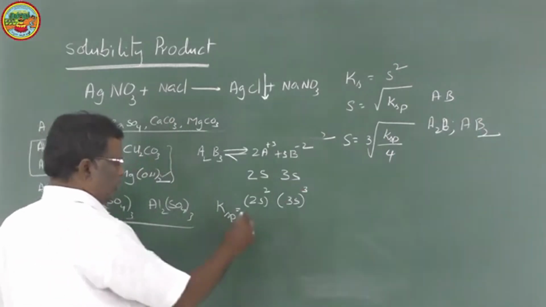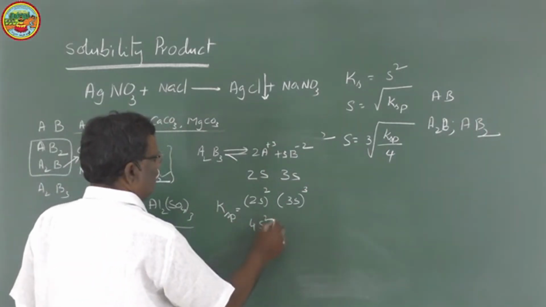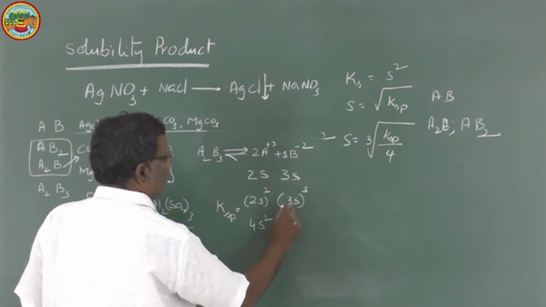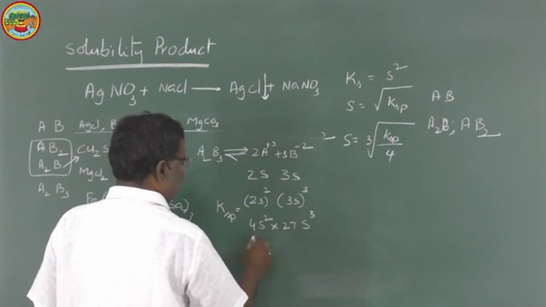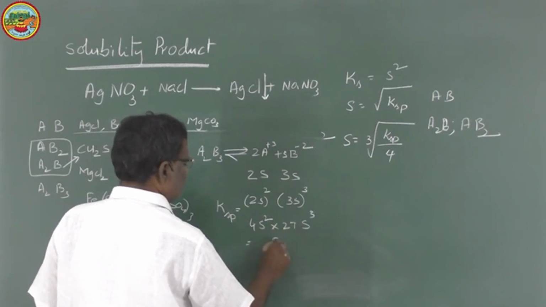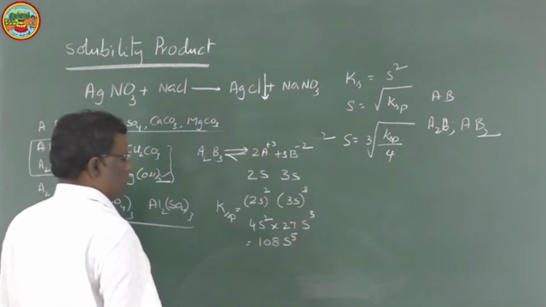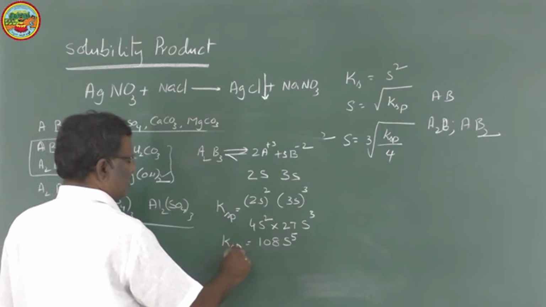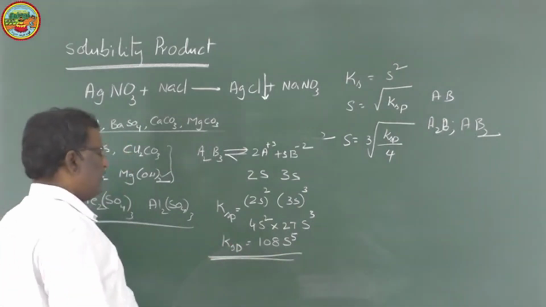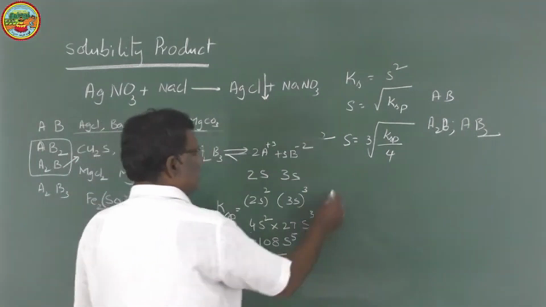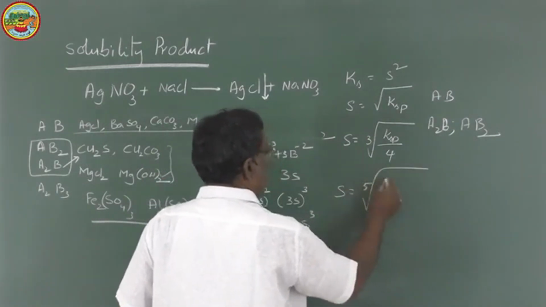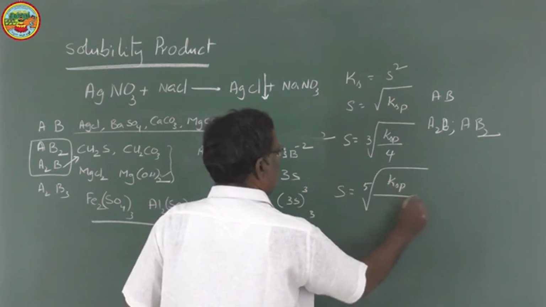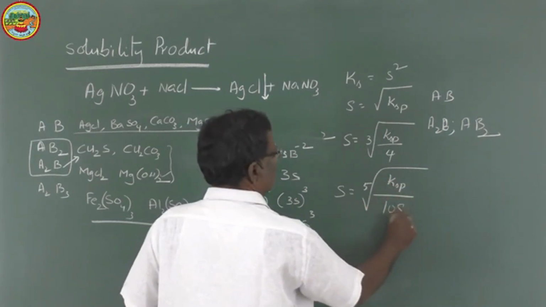So it will be 4S square into 27S cube, that is 108 S to the power 5. So KSP is equal to 108 S to the power 5. So for such salts, solubility is equal to the fifth root of solubility product by 108.